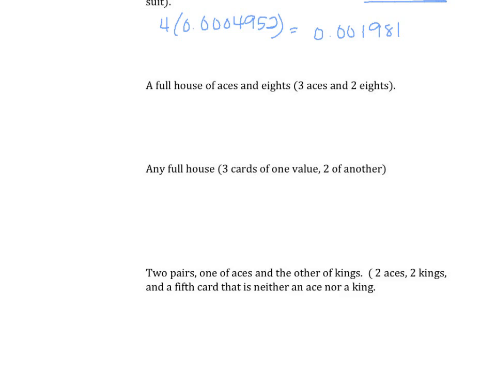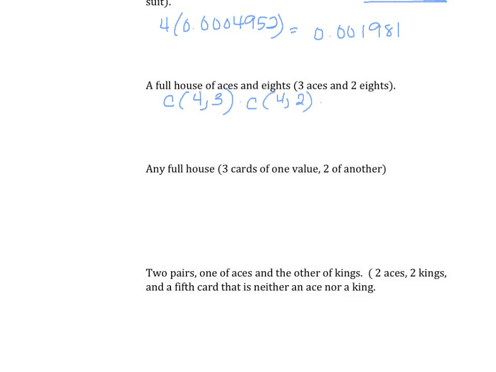So I want to choose, of the 4 aces I have, 3 of them to be aces, and multiply that by, of the 4 eights I have, choosing 2 of them to be the ones that I need.